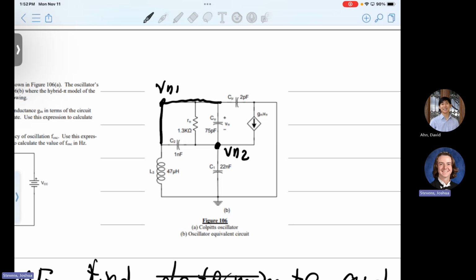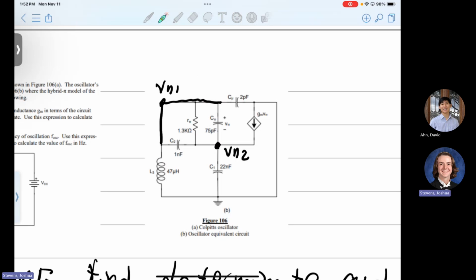The components that are being shared between the two are R pi, C pi, C2. Do we agree? Got any other questions? Yeah, cool. Anybody got any questions on that? Or are we chilling? We're chilling.